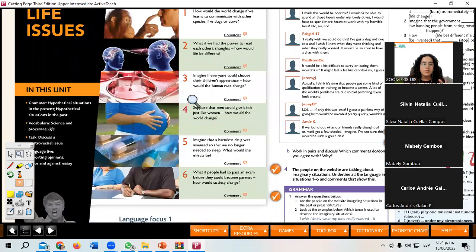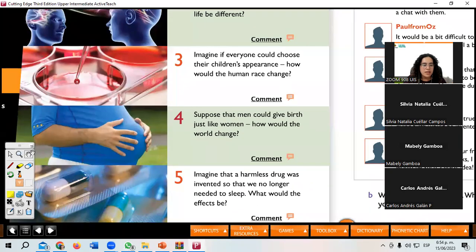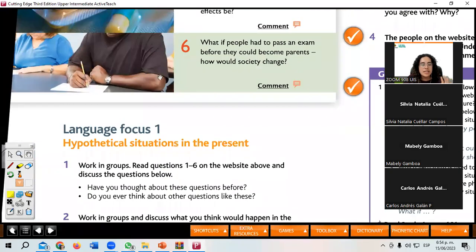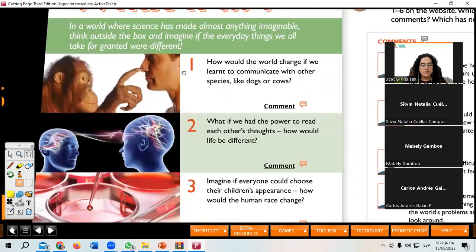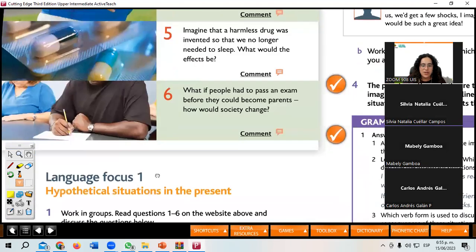So before we check the topic and then we explain, let's see the questions. We have the questions of what if. ¿Qué tal si? ¿Qué pasaría si? What if? And all of these different situations, okay?